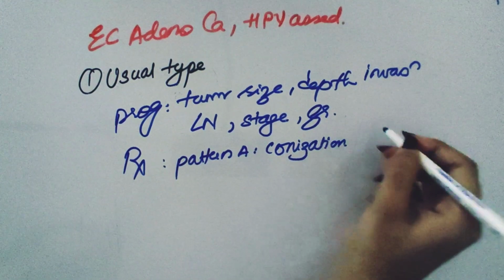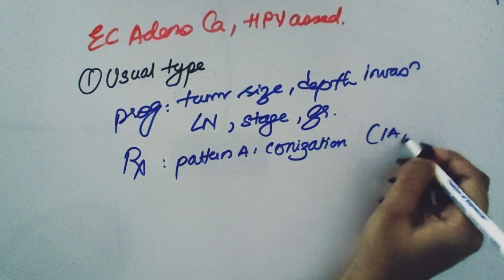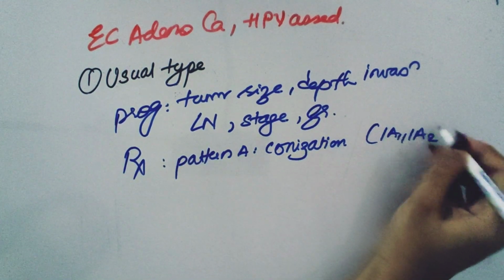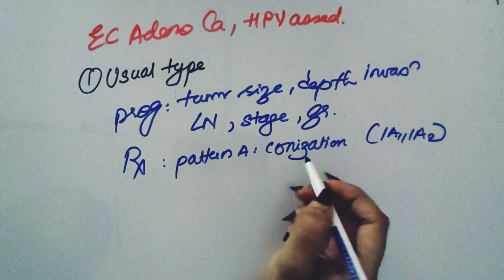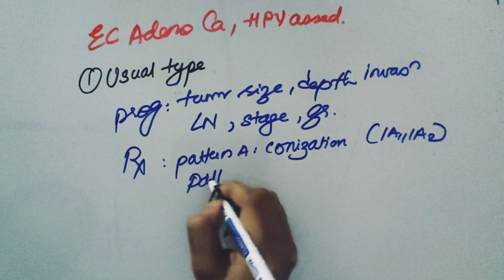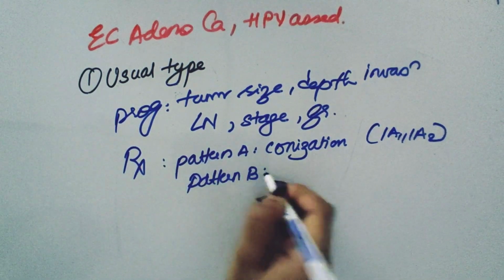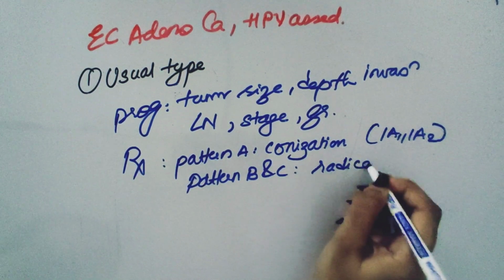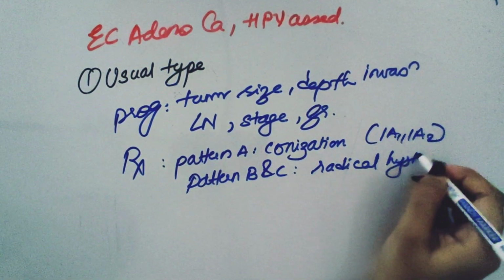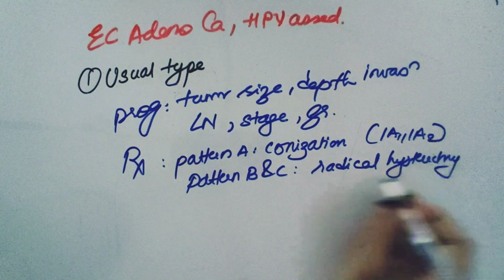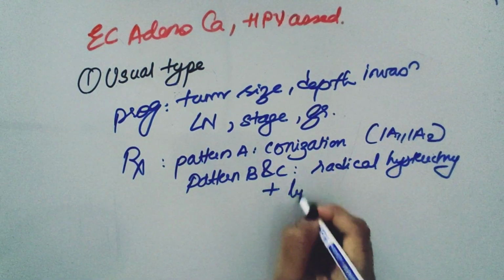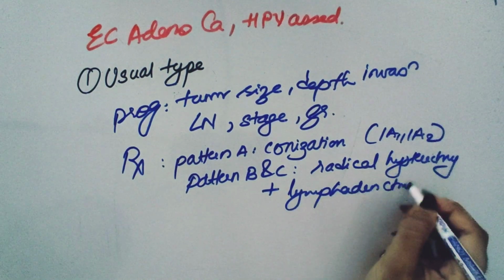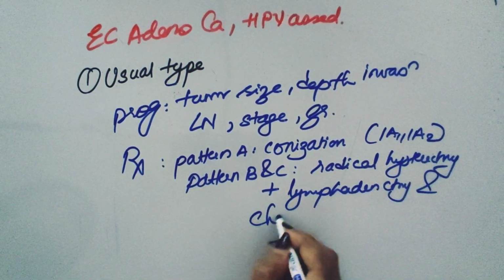If you are taking the FIGO staging, then stage 1A1 or 1A2, you will do conization itself. And in pattern B and C or the higher stages, you will go for radical hysterectomy, and lymphadenectomy and chemoradiation.